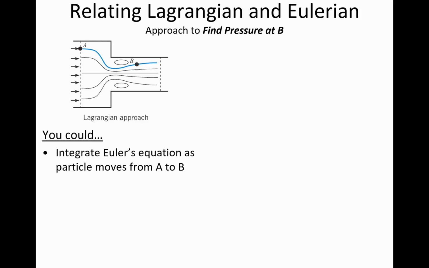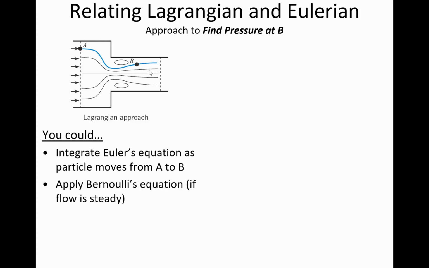Its velocity is changing with respect to time if we track just the individual particle. So we're not talking about the entire system that's at a steady state, but if we have individual particles, we can apply Euler's equation to find out how the pressure is changing between the 2 points.